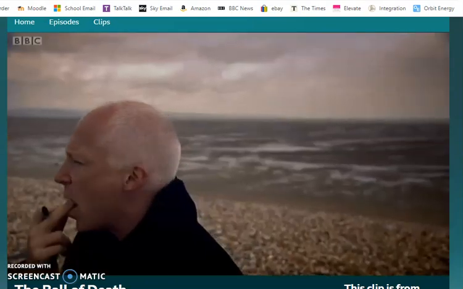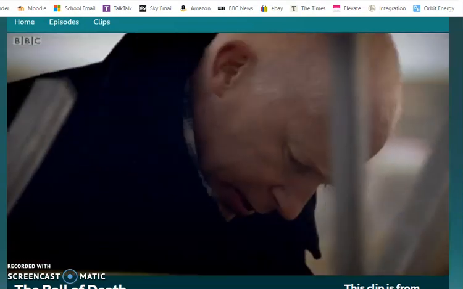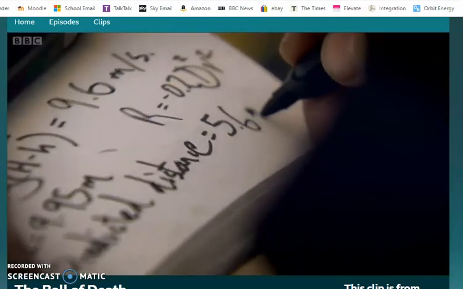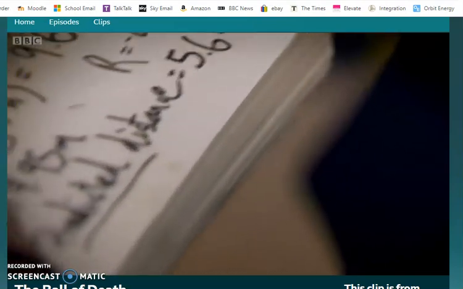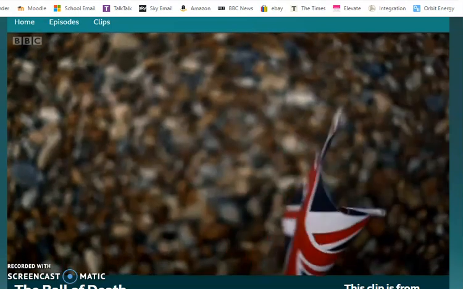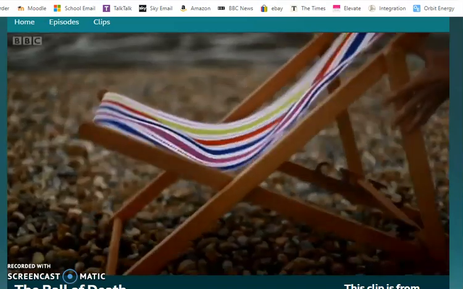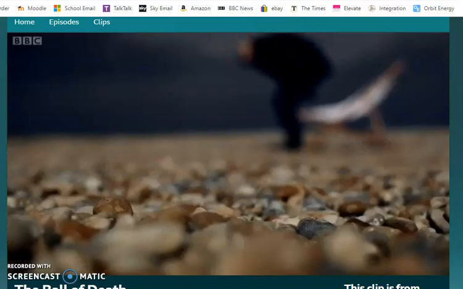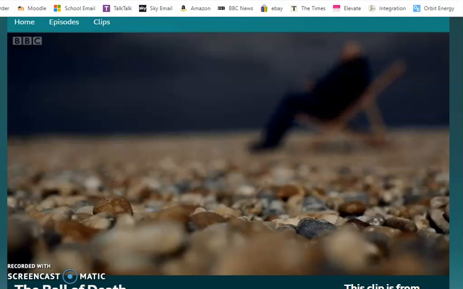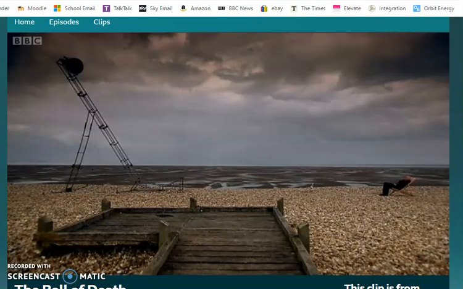What about the wind today? Okay, so the predicted distance is going to be 5.6 meters. That's where I think the ball is going to land. Which means if I set up my deck chair here, I should be able to watch the whole thing in complete safety. Okay, release the ball.